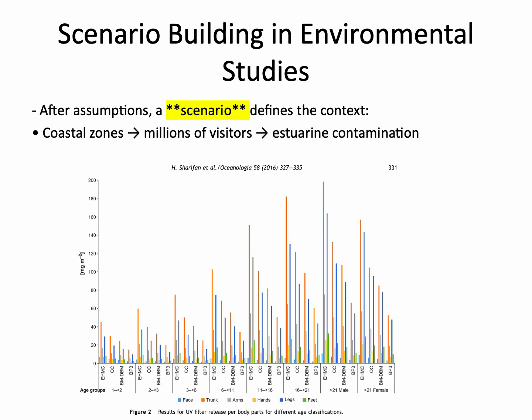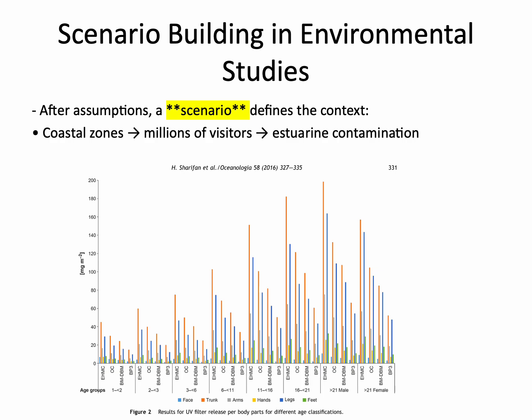For the last scenario that I published, in Texas coastal zone area, I looked at the map, the coastal zone, and I found the population of each visitor that goes to the coastal area. Here, I divided based on age group. So each age group has different volume, different surface area of the body.